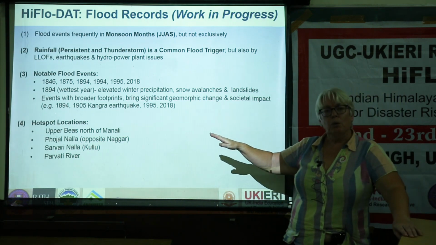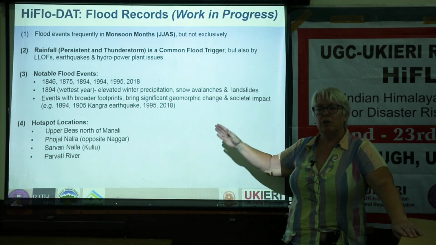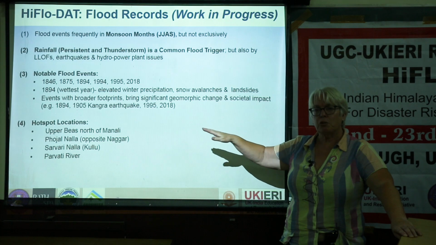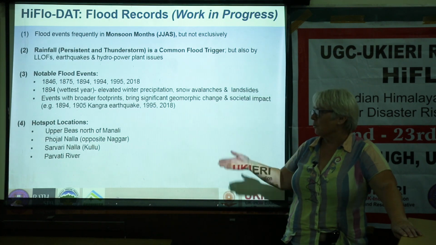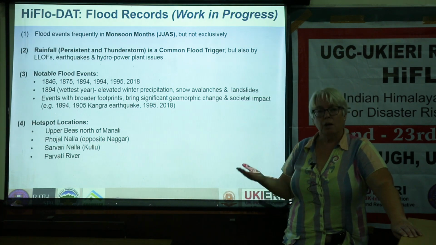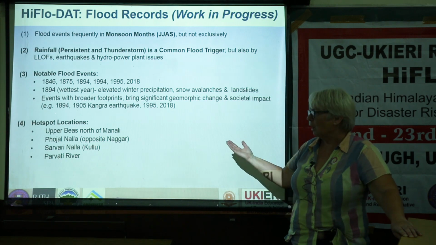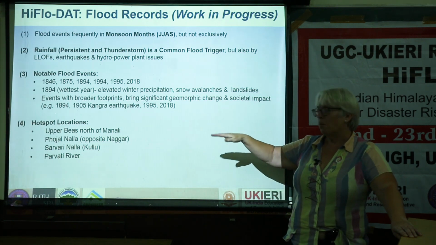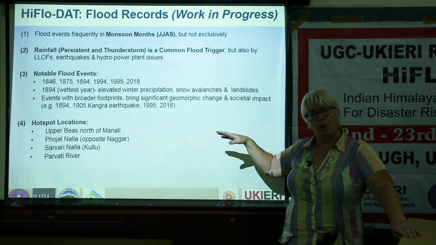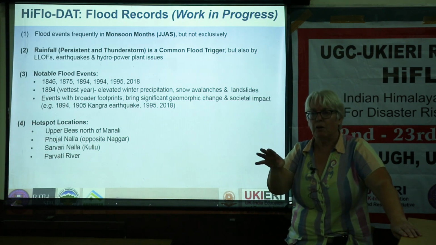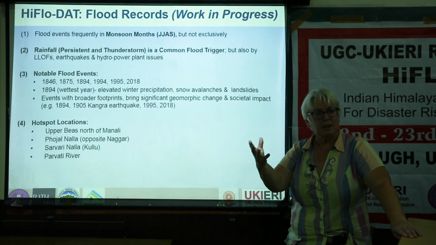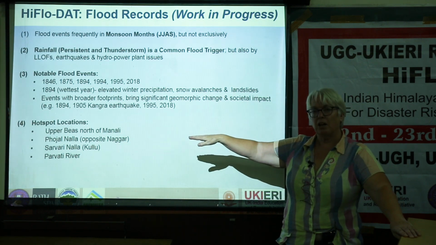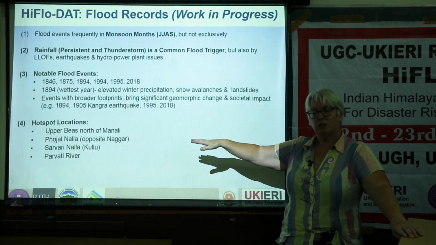We also know from the material that we've already found that there are hotspot locations for these floods. So, for instance, the Upper Beas north of Manali, in the Phojal Nalla, opposite Naga, which is why we showed you the photograph earlier of Naga Castle. From Naga Castle, you can see straight across to the Phojal Nalla catchment, and that was a nice vantage point for us.